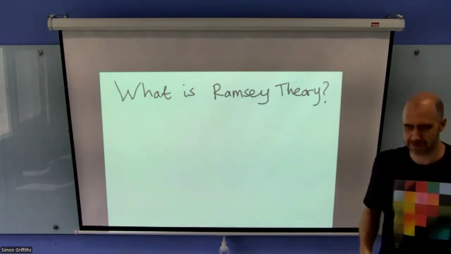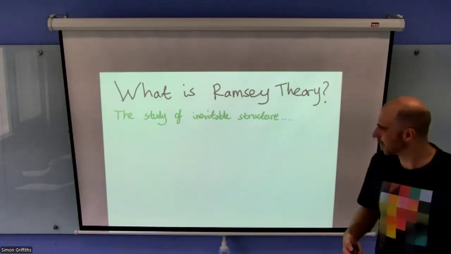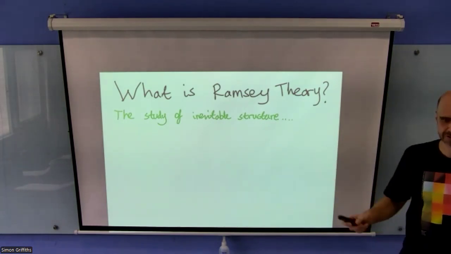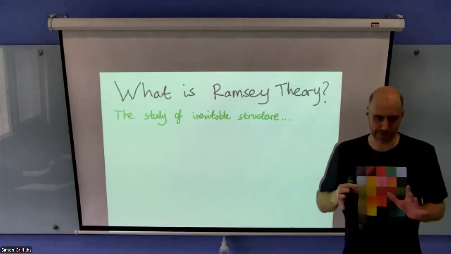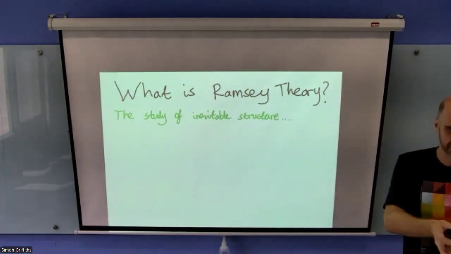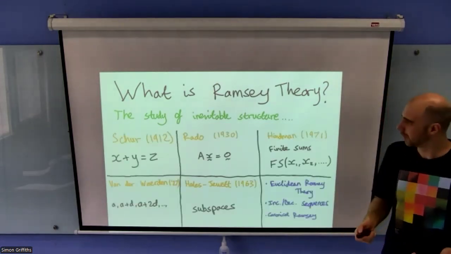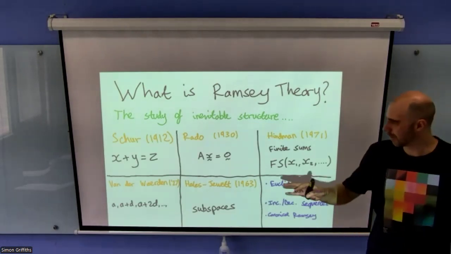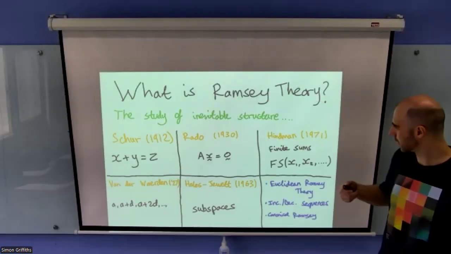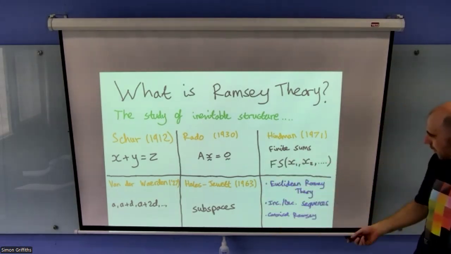So the first thing you might ask is, what is Ramsey theory? Ramsey theory is the study of inevitable structure. There's all sorts of different situations in which you're looking at an object, and if you take it large enough, you will inevitably find structure within it. The type of structure depends on the situation. And this occurs in number theory, additive number theory. This occurs in geometric situations, subspaces, Euclidean Ramsey theory.